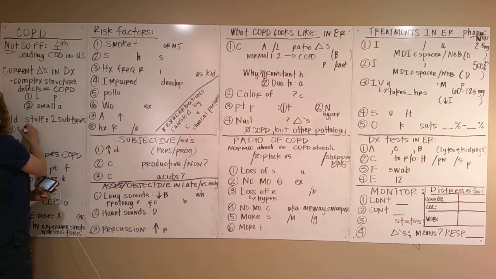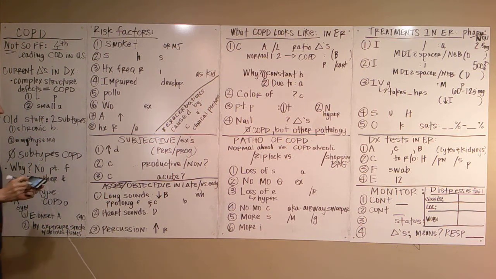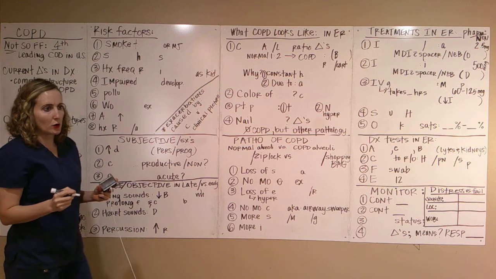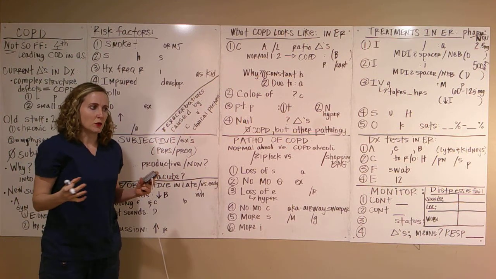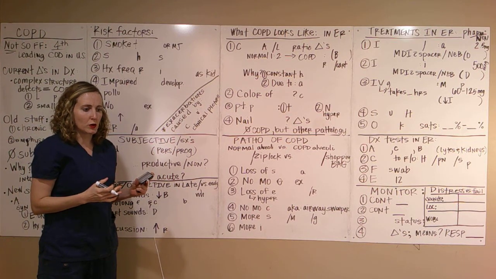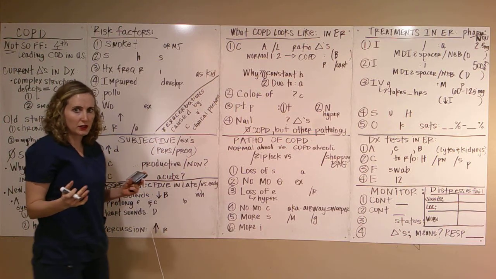Chronic bronchitis, right? So this is the old stuff. So chronic bronchitis or emphysema, okay? But they quickly found out that nobody really fit into those categories. The characteristics or requirements, the way that the categories worked, not one patient fit into those categories.